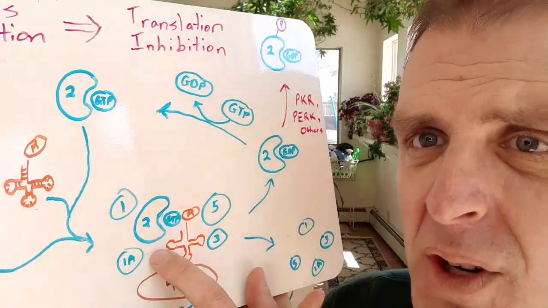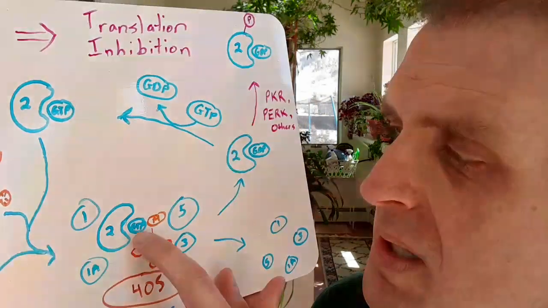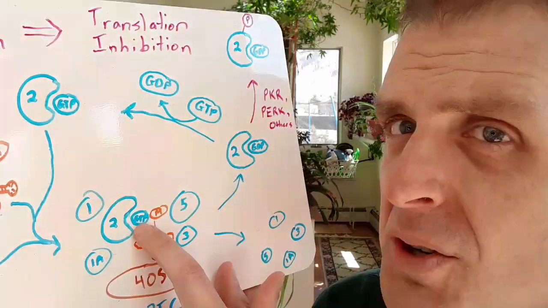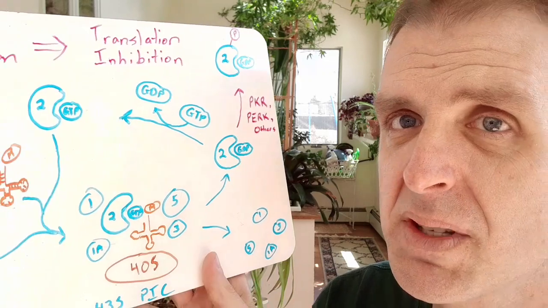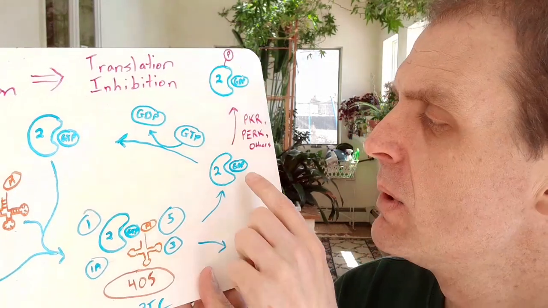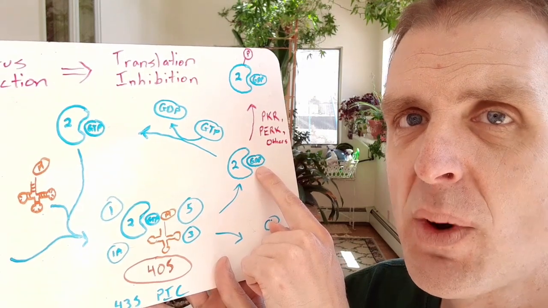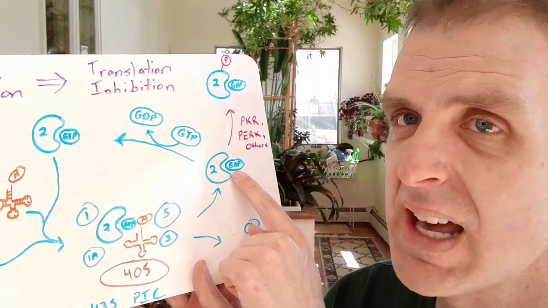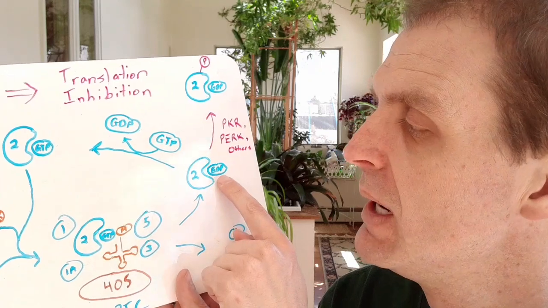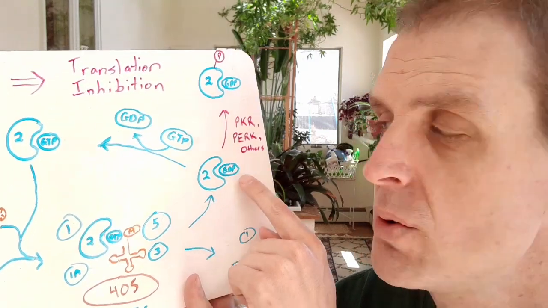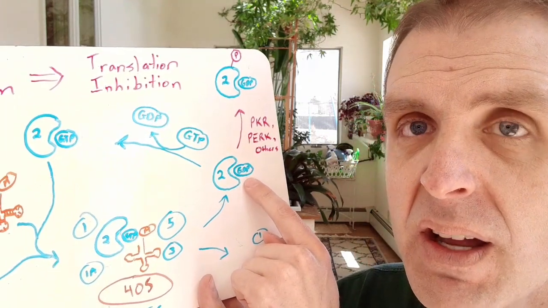When it was first in the pre-initiation complex, it was the GTP-bound version. eIF2 is called a GTPase. It means that it can cause that last phosphate of guanine triphosphate to be cleaved off, and you end up with eIF2 bound to GDP.